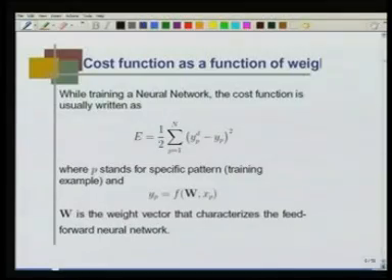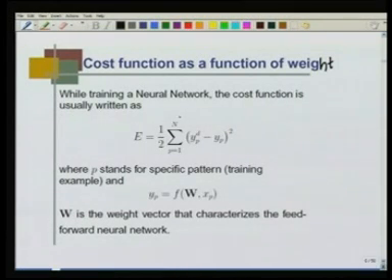So, cost function. Normally a cost function is a function of weight. So while training a neural network, the cost function is usually written as this, where this is your desired output, this is your actual output predicted by the neural network, and P stands for pattern.